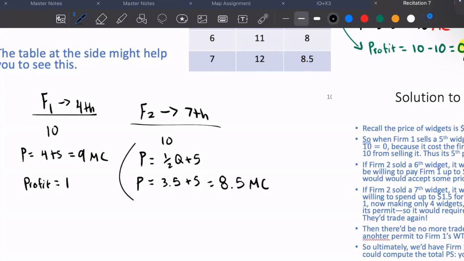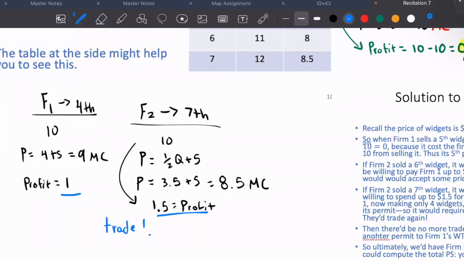So our profit in this case is going to be 1.5. So firm 1 is going to be willing to receive anything above $1, and firm 2 is going to be willing to pay up to $1.5 for firm 1's fourth unit. So is this trade going to happen? Yes, it's going to happen.